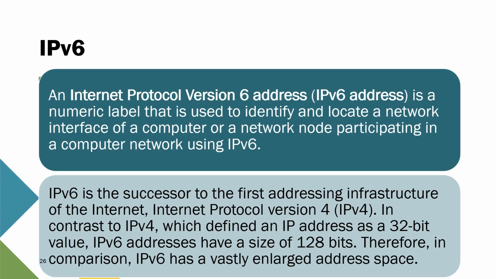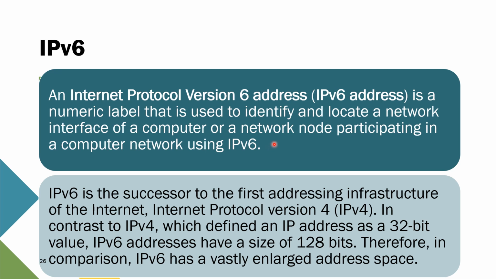So if you want to define it properly, IPv6 is the Internet Protocol version 6 address. It's a numeric label that is used to identify and locate a network interface of a computer or a network node participating in computer networking using IPv6.